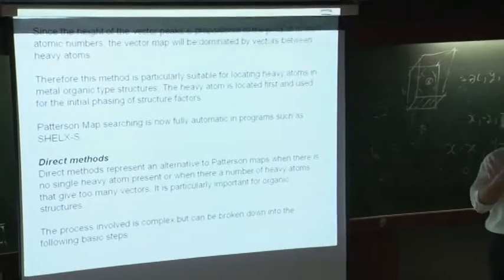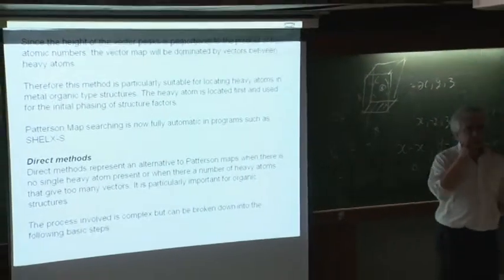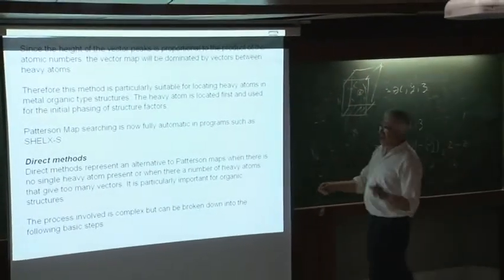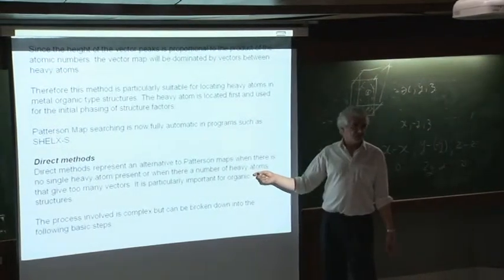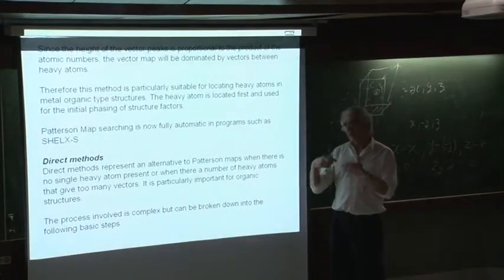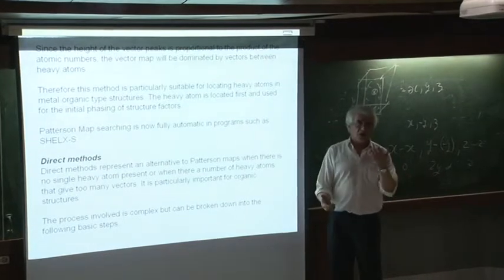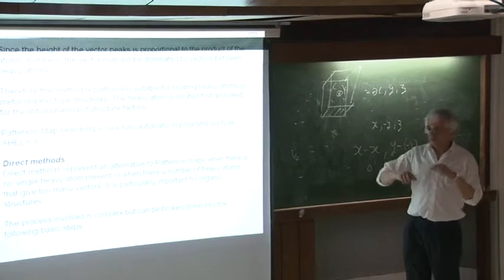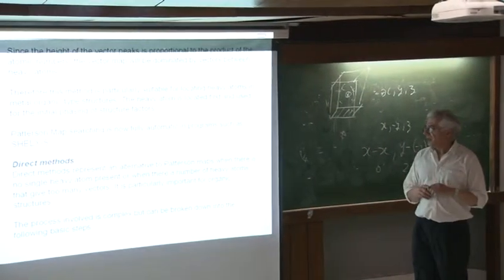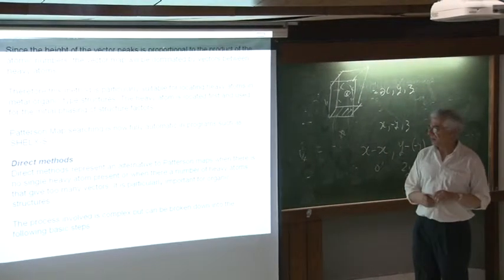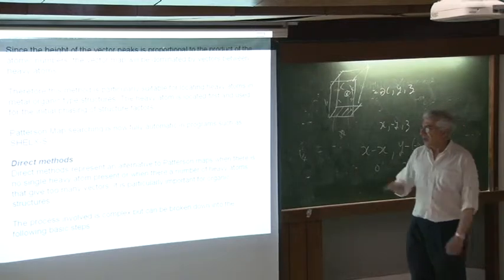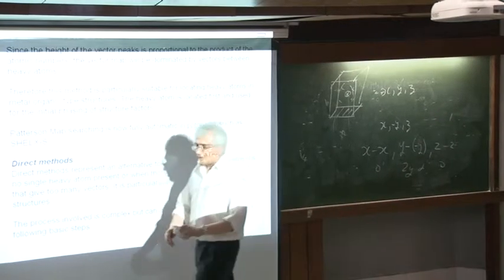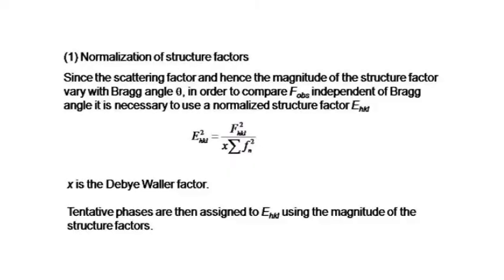So it's used where you can't use any other method. It's very common in pure organic systems, or in inorganic systems where we have not just a single heavy atom type. It's complex, and I'm not going to spend a lot of time on it, but I'll tell you a little bit about how it works.